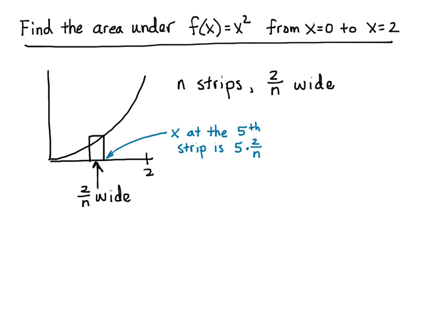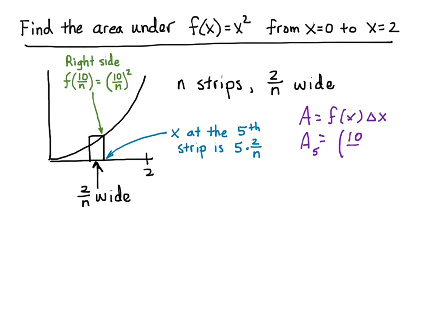What x? Well, I'm going to use the right side of my interval. So my x value is going to be this 2 over n, or for the 5th one, it's going to be 5 times 2 over n. So the right side gives me the value of the height of that strip.